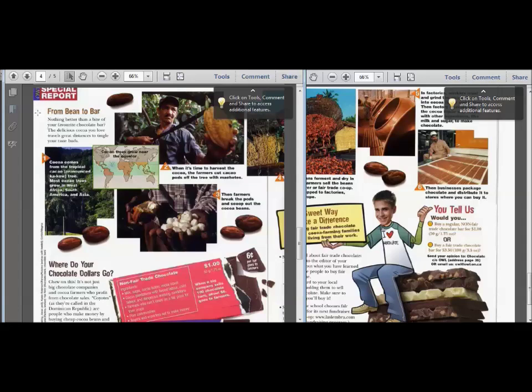And it has steps: step 1, step 2, step 3, step 4, step 5, and step 6. If you were to read or reread that part of the article, you would see that the steps in harvesting cocoa all the way to taking it to factories in Europe where it is turned into chocolate are described in this article.